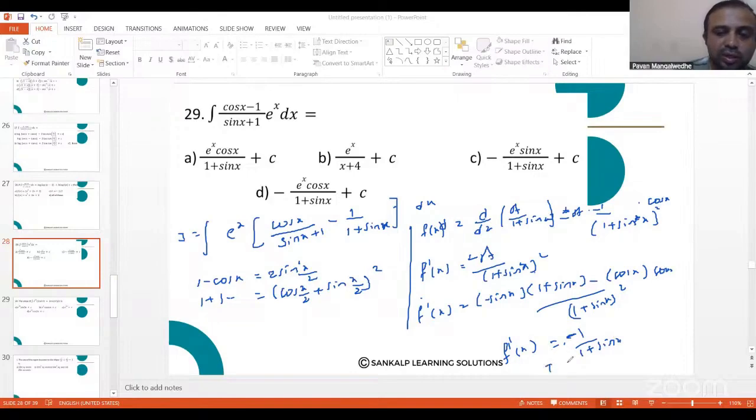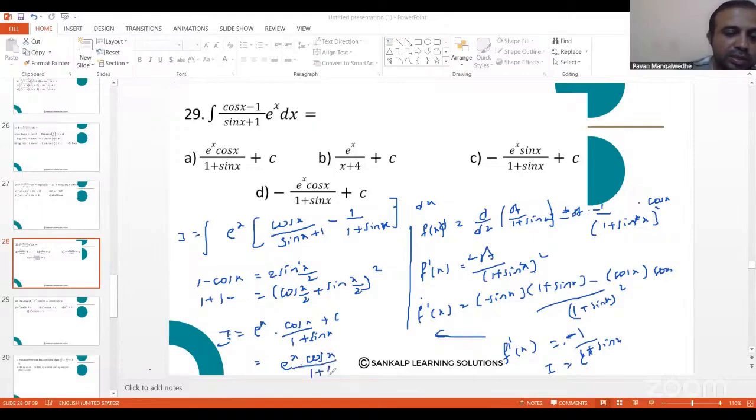So integrating this, we are going to get e raised to x. Here this side I will solve. That is I is equals to e raised to x into cos x upon 1 plus sin x plus c, which is e raised to x cos x upon 1 plus sin x plus c.